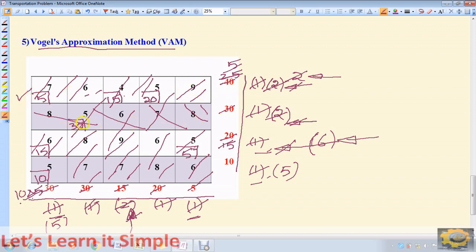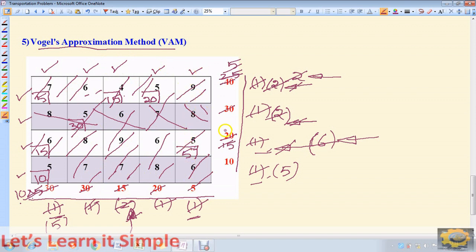Here 30, yes, done. 15 plus 5, originally it was 20, done. 10, yes, it was 10. Now in the column wise, 5, 15, 20 plus 10, 30, done. Now here 30, done. 15, done. 20, it is done. Then 5, it is done.